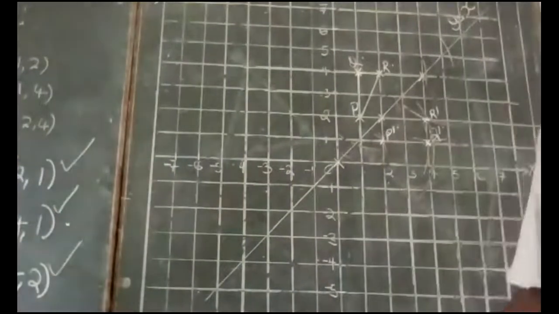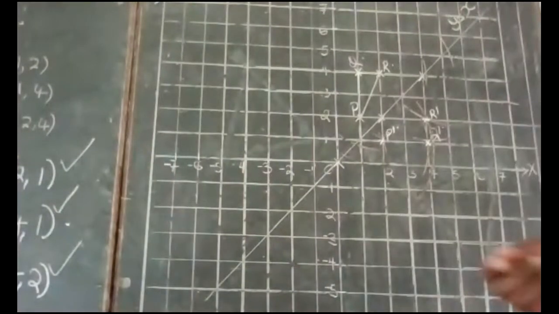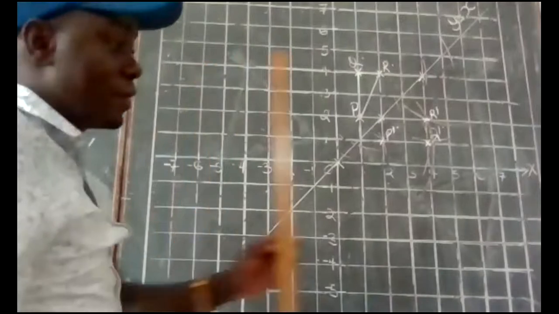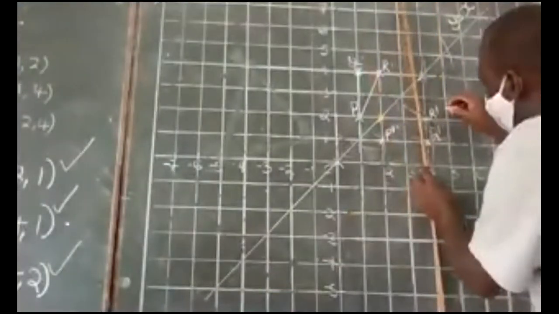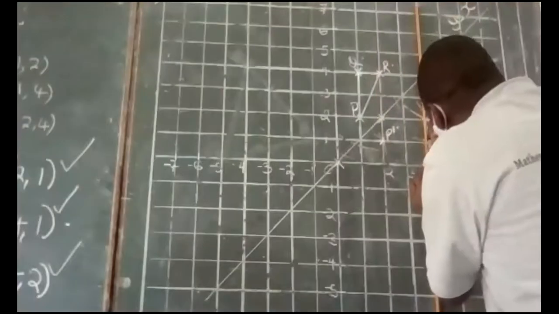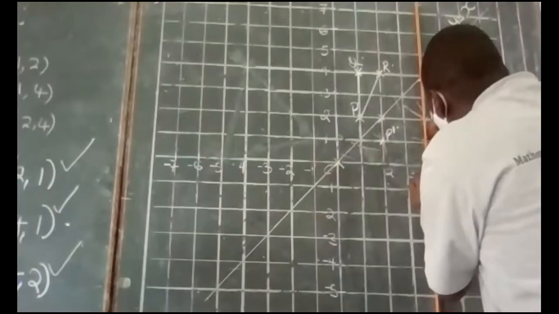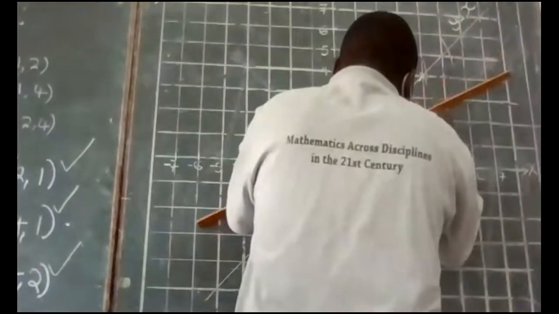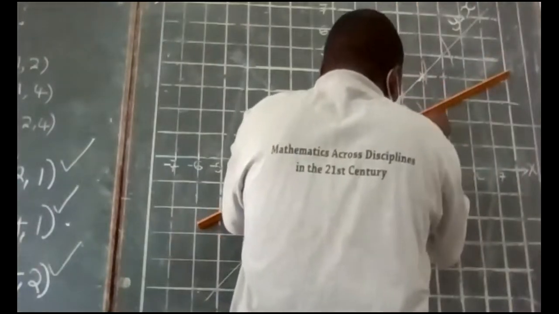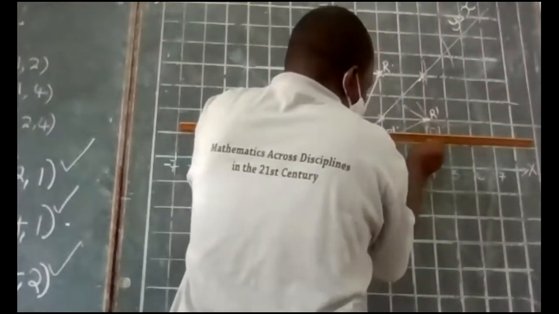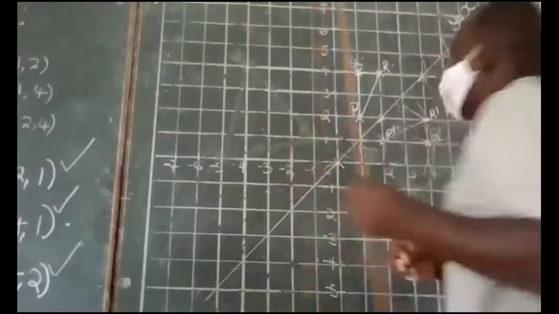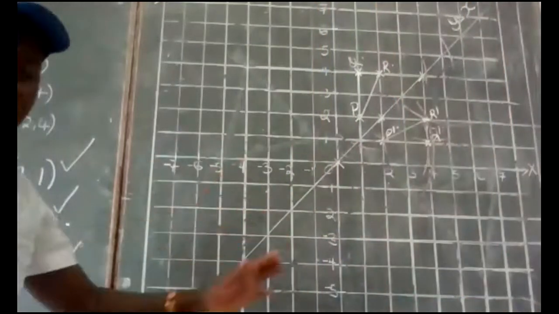I complete my image triangle. Okay, so that's my image triangle.